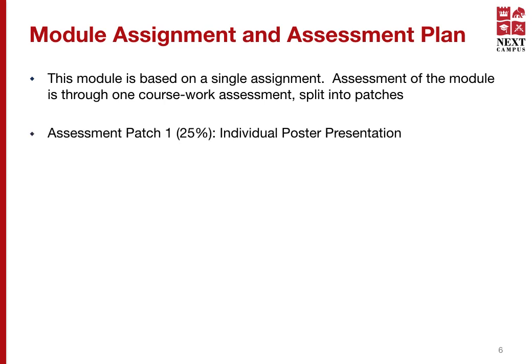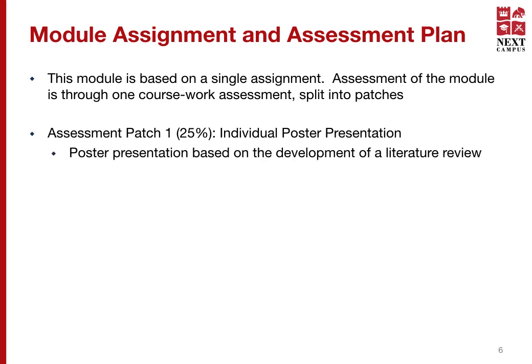The first one, patch 1, which is worth 25% of the marks, is an individual poster presentation. This poster is based on the development of the literature review and the summary of your literature. We will talk more about this poster in the next slide.